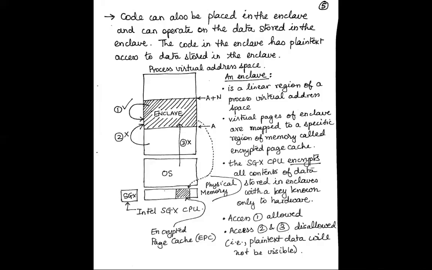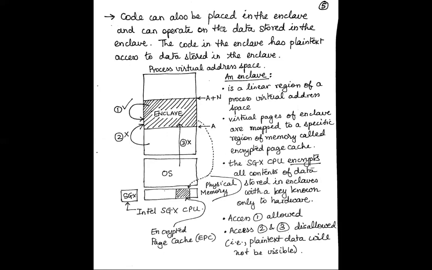You can also place code within enclaves. Code sitting inside the enclave can operate on the data stored in the enclave. This code can encode arbitrary computations. For example, the f function or the g function that I told you about in the previous few slides, those data analytics functions, can be written as code and placed in the enclave.